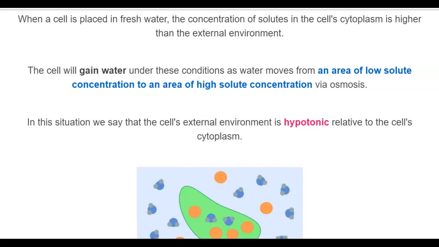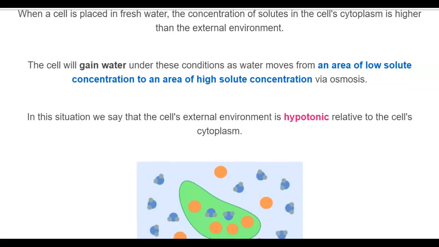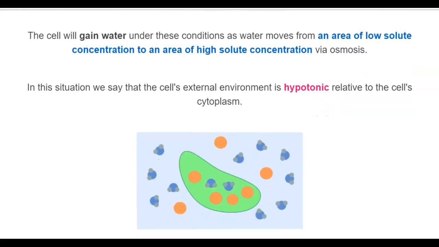The cell will gain water under these conditions as water moves from an area of low solute concentration, outside the cell, to an area of high solute concentration via osmosis. So the water is going to move from outside the cell into the cell because there are more solute particles inside the cell than outside the cell.